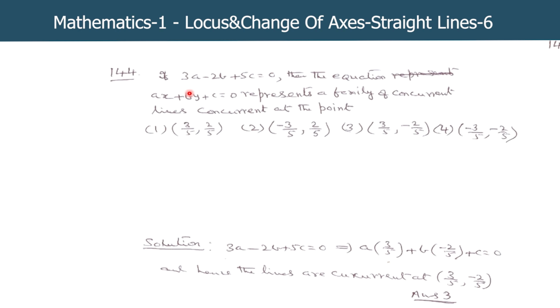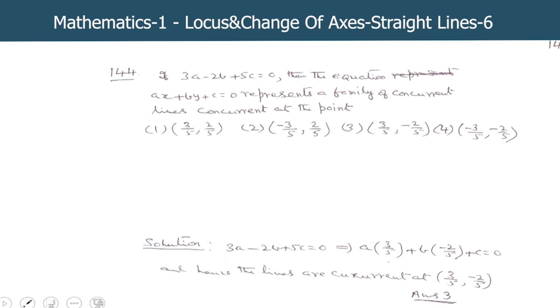Then you will get a into 3/5 plus b into minus 2/5 plus c equal to 0. That means the line ax plus by plus c passes through (3/5, minus 2/5). The correct option is answer option number 3.